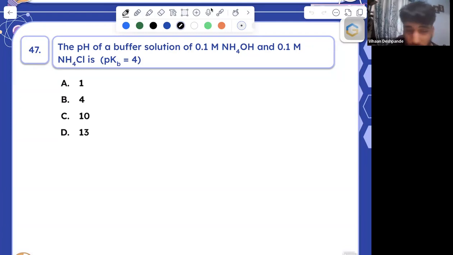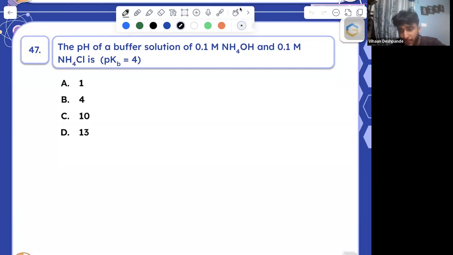So 10. pH of a buffered solution of this.